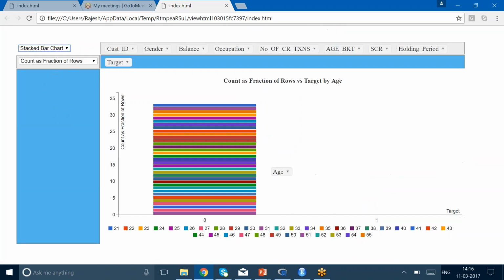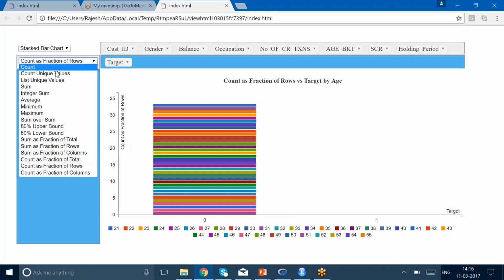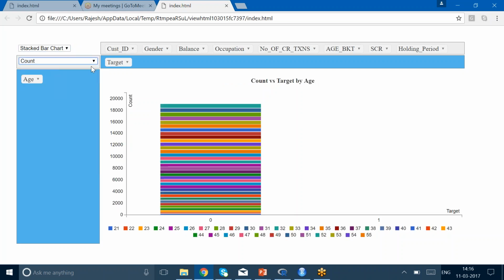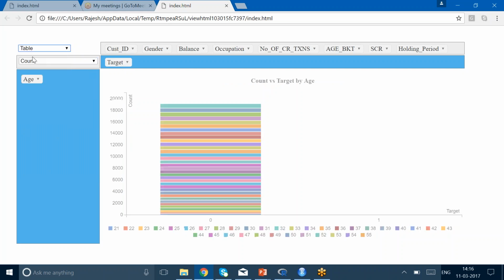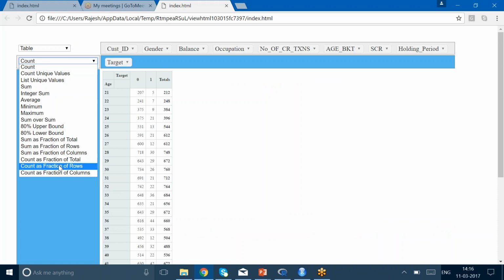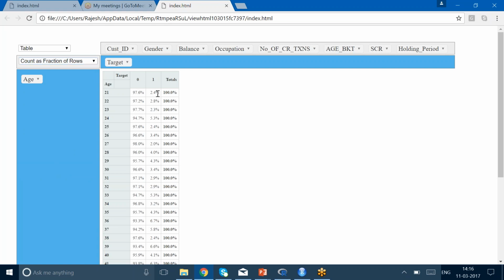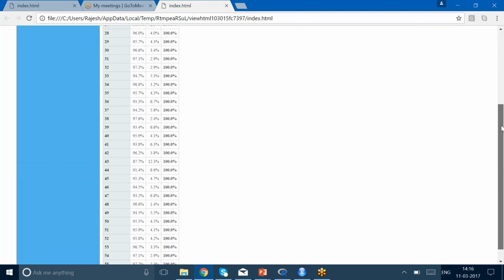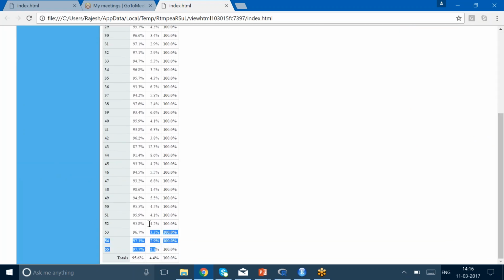This should be my x-axis, age, and this one should be count. No, I'm not able to show a stacked bar. So let me go back to my old chart only, table, and count as a fraction of rows. So here I can see that this percentage keeps increasing, and in different age buckets there are different percentages of responders and non-responders.